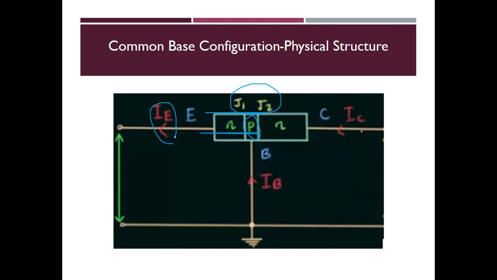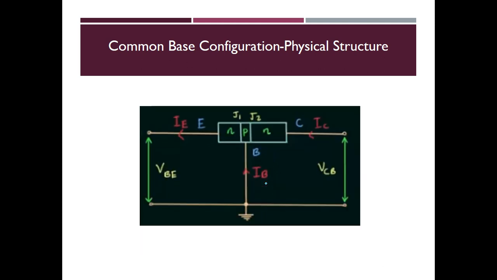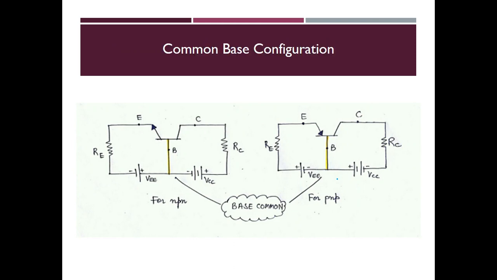The current here is the emitter current, the current over here is the collector current, and this is the base current. Similarly, the junction voltage between emitter and base we measure as VBE or VEB. Between collector and base, we measure the collector base junction voltage, right?